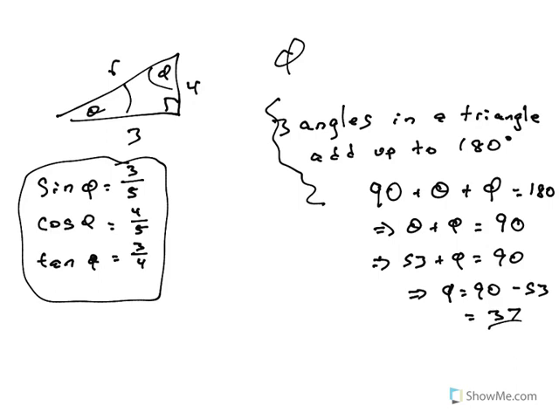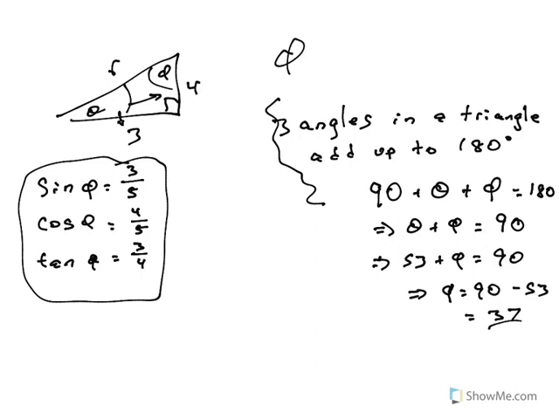You have to be comfortable knowing when do you use sine, when do you use cosine, which side is the opposite side, which side is the adjacent side, things like this. Adjacent, that just means what's the side which is touching your angle, and opposite means what's the side on the opposite side of your angle.